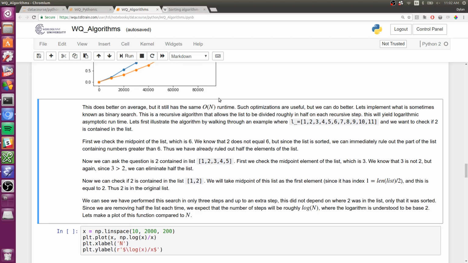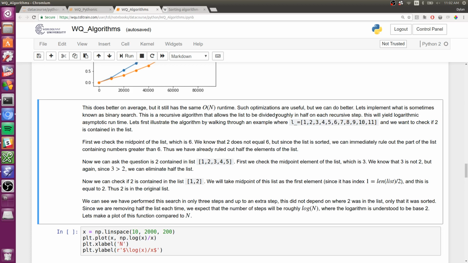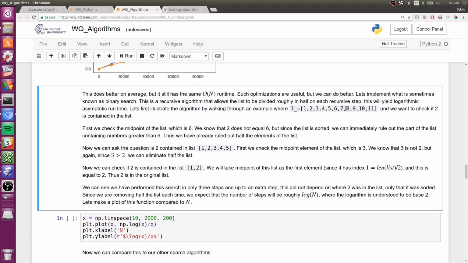So, for example, assume that we have this list, 1 through 11. And we want to check if there's 2 in the list. So the first thing we'll check is the middle, which is 6. And 2 is not 6, so we haven't found 2 yet. But since we know the list is sorted, we will throw away this half, and we'll keep only this half.